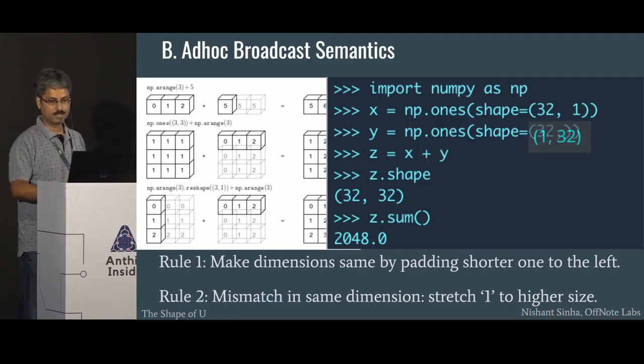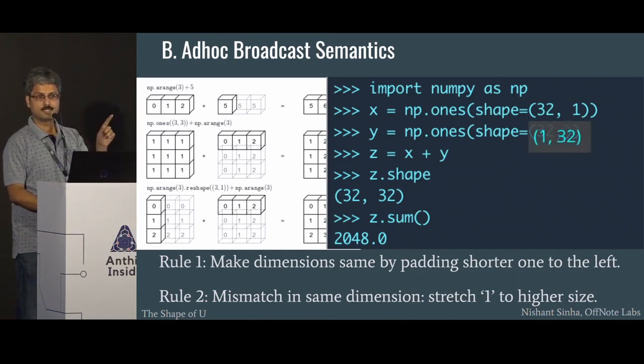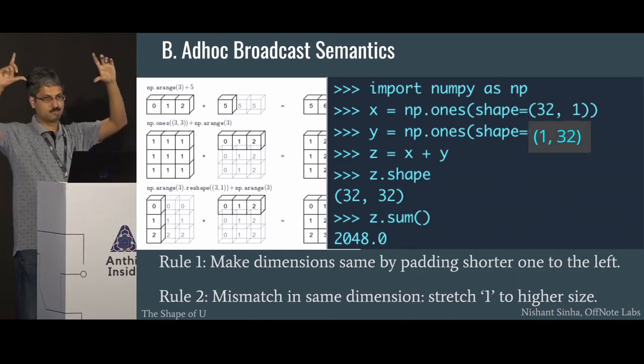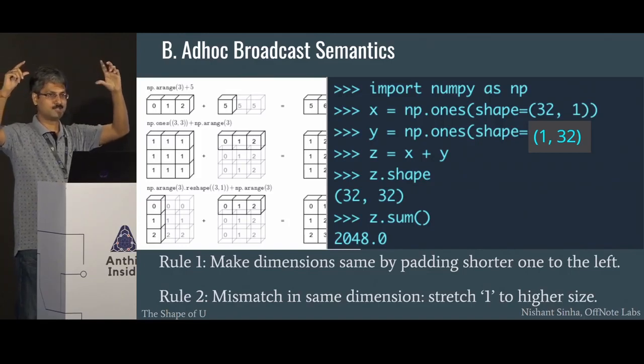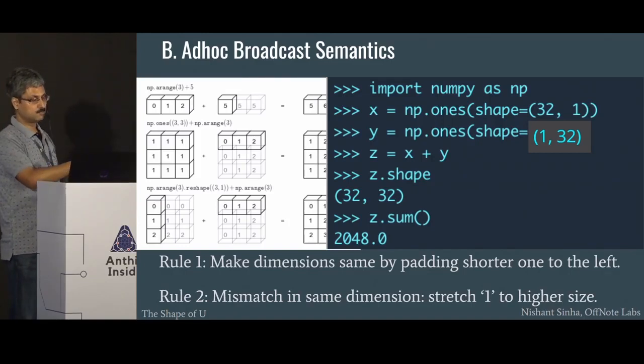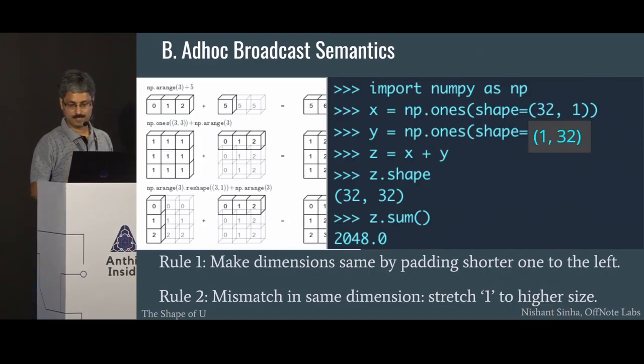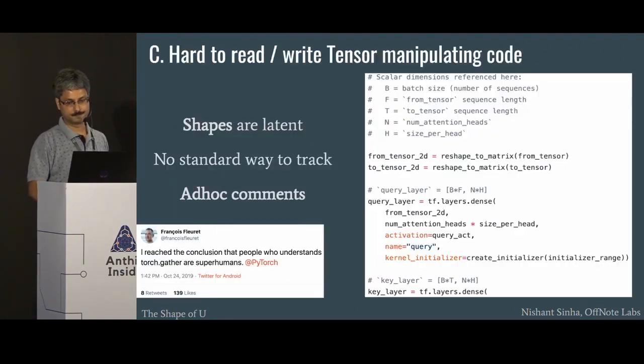Why it happens is because the 32 gets broadcast into 1 comma 32, and then it has to match both the two dimensions, and both arrays get broadcast to 32. This follows the rules here, but it's a very tricky thing. And when you write loss functions, this kind of error can crop up and make your debugging hell.